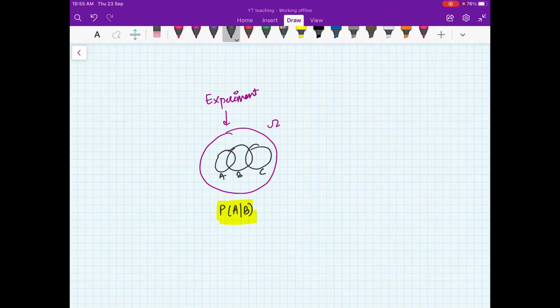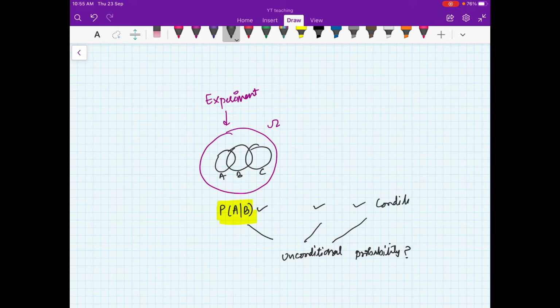Most of the time, we would like to connect these. Suppose we know some conditional probabilities, can we use them to compute unconditional probabilities? The question we will answer in today's video is that you are given conditional probabilities for different events, and we want to use them to get an unconditional probability for a given event.